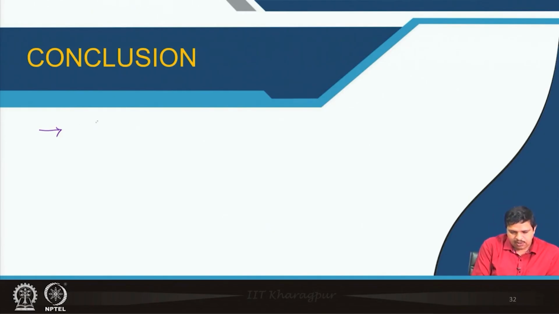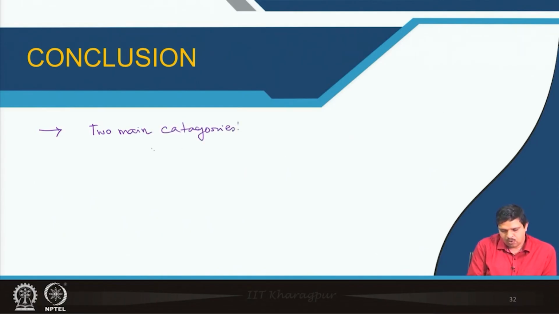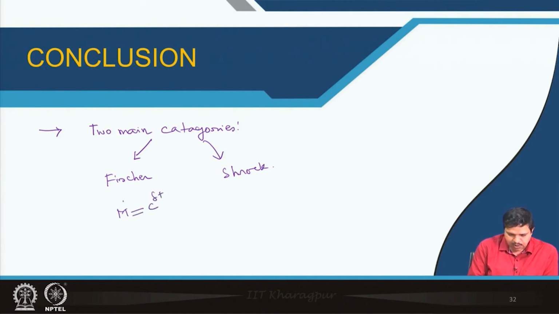The first one is that there are two main categories of carbene complexes, one is the Fischer and one is the Schrock. In the Fischer carbene complexes, the carbon is delta plus and the metal is delta minus, and in the Schrock it is exactly opposite: here it is delta minus and it is delta plus.